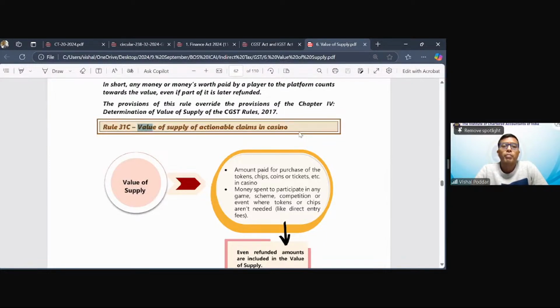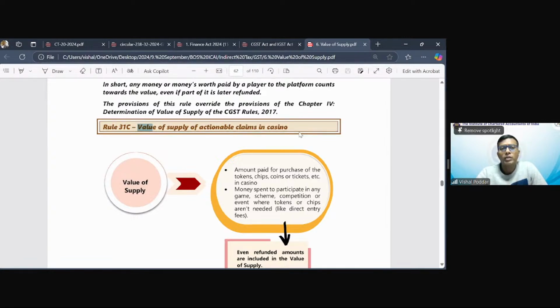Now, for playing, when you enter the casino area at the start, because inside you have multiple games, multiple tables where different types of games are going on, at the entrance you have a cashier where, let us say, you deposit 10,000 rupees and they give you chips or coins of 10,000, which may be in denominations of 100, 200, 500, 1,000. You can ask them whatever denomination you want.